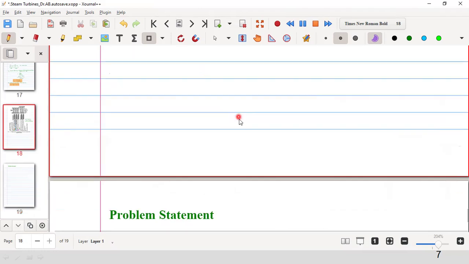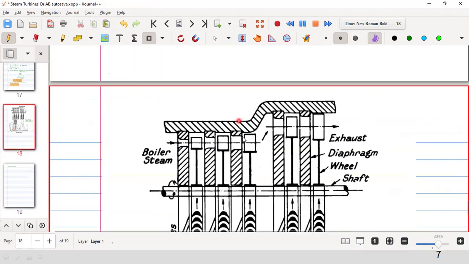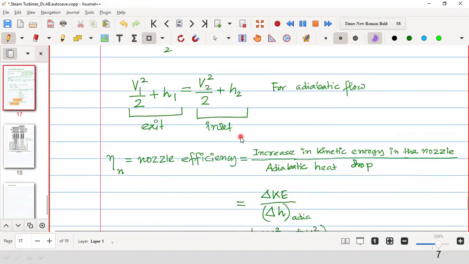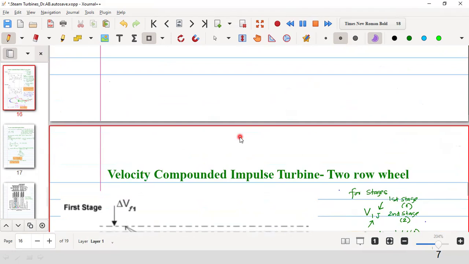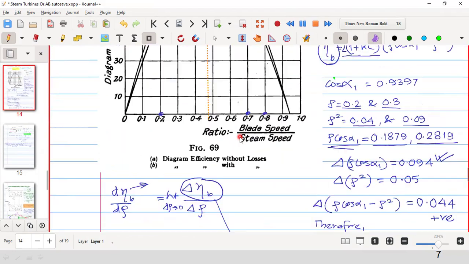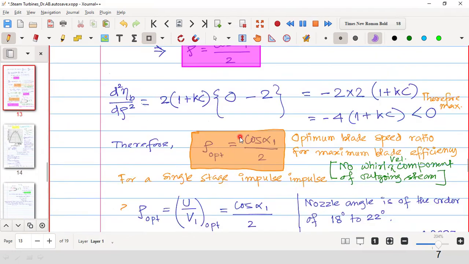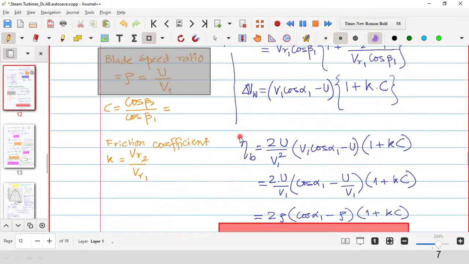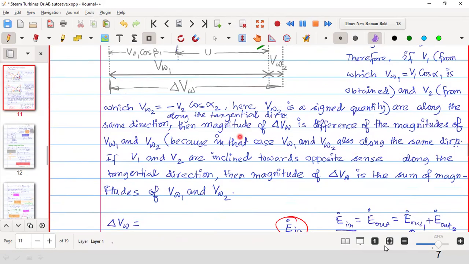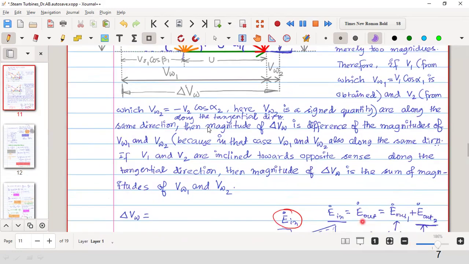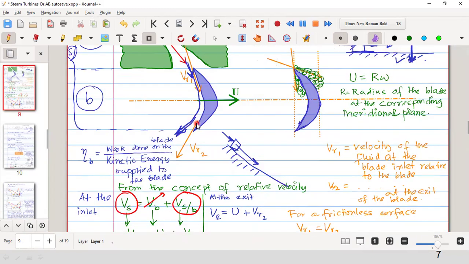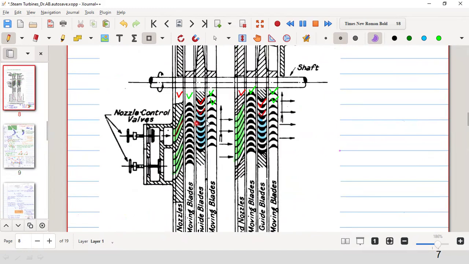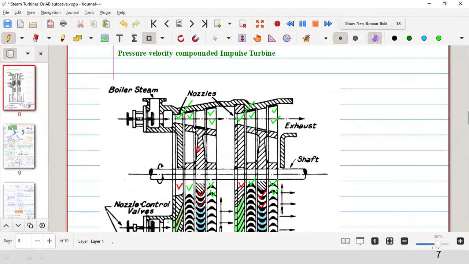If I show you the diagram corresponding to the velocity compounded turbine, this terminology comes into picture, that is the row wheel: single row wheel, double row wheel. You see this one. This is called a 2 row wheel.